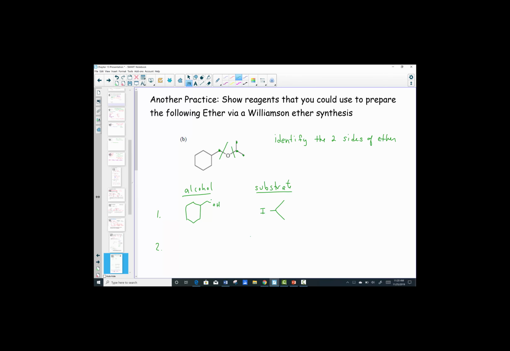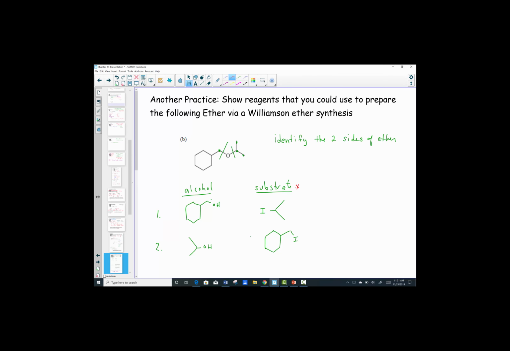Or choice 2, we could make the alcohol this side of the ether linkage and making the substrate then the left side originally. And so we could place our iodine here. So these are the two choices as we begin to strategize the best approach for our Williamson ether synthesis.